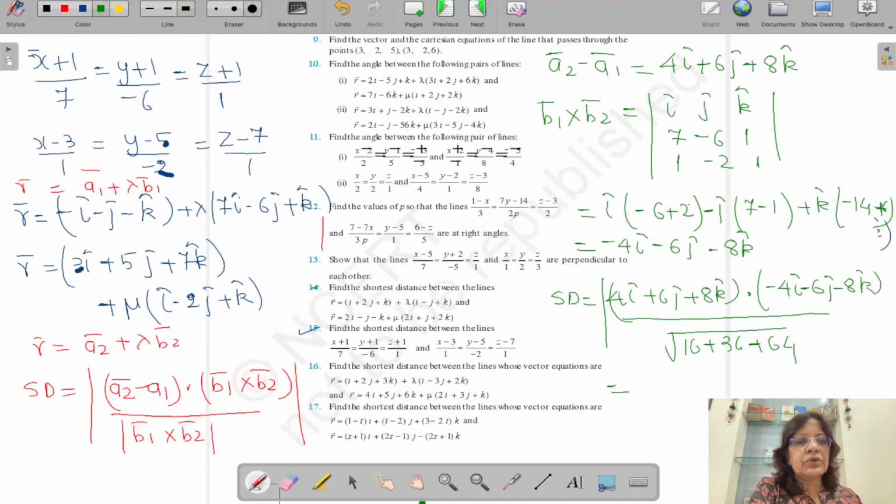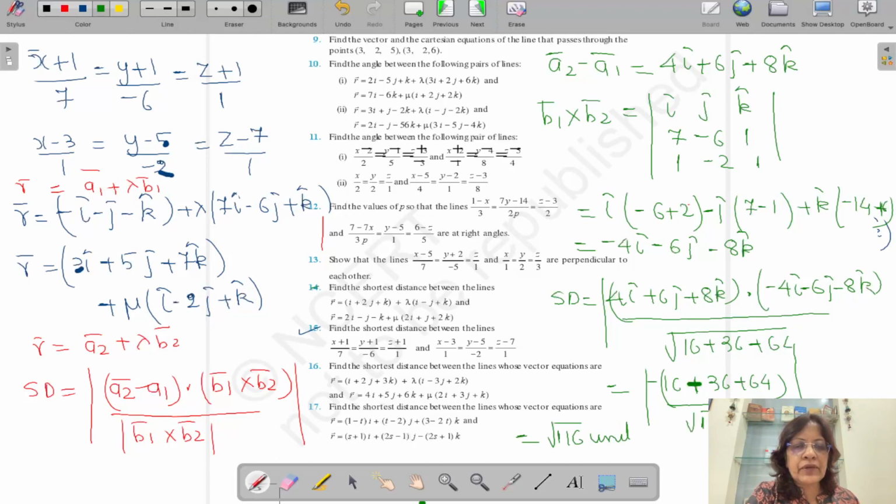So this is equal to minus 16 plus 36 plus 64, taking minus common, and it is under modulus. This is equal to 116. The numerator is also 116. And the final answer for the distance will be root 116 units.